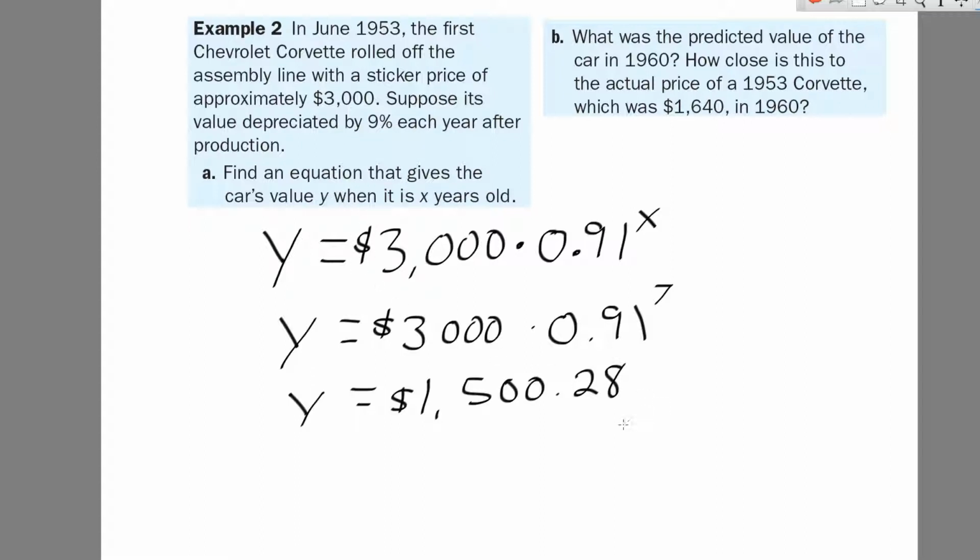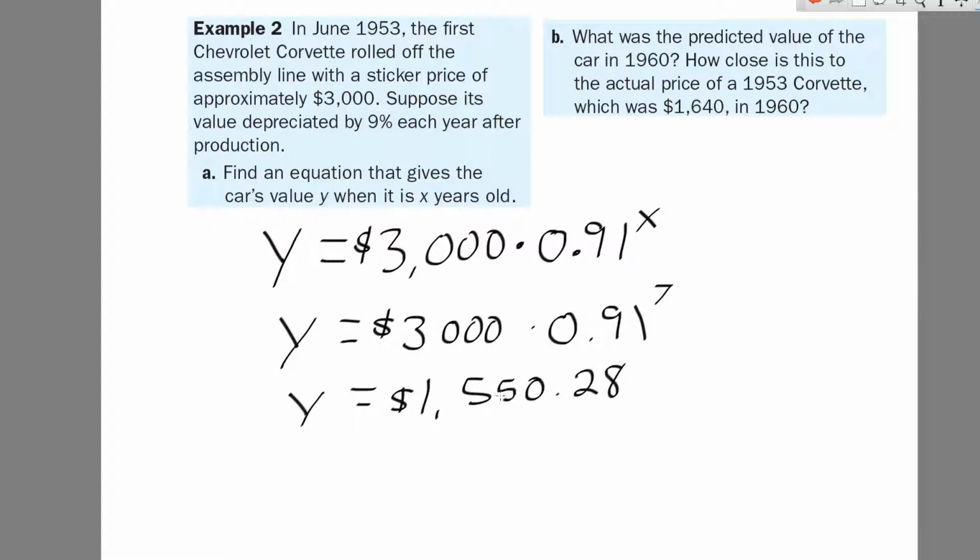Which means that the difference between the calculated value and the actual, that's a 50 there, sorry guys, $1,550.28.